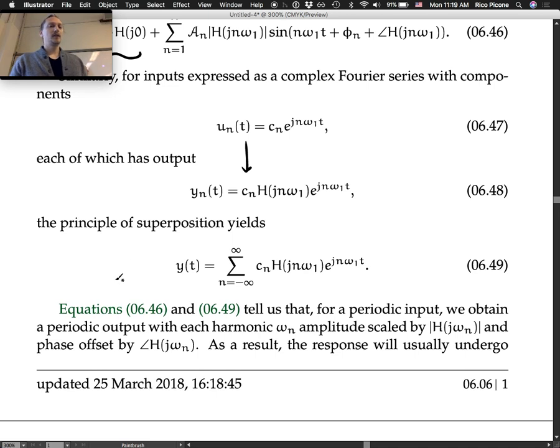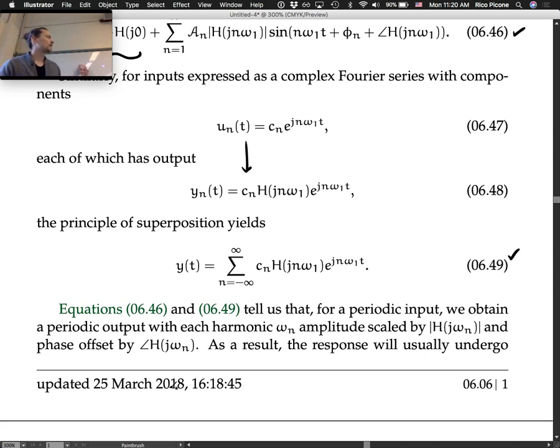All right, so we've got the two forms of it. Equations 649 and 646 tell us that for a periodic input, we obtain a periodic output with each harmonic omega n amplitude scaled by the magnitude of h of j omega n, and phase offset by the angle of h of j omega n.